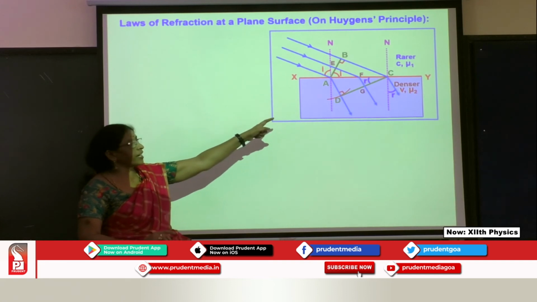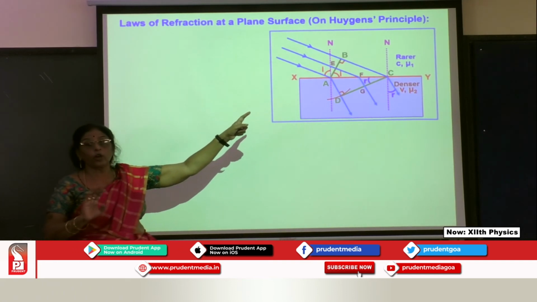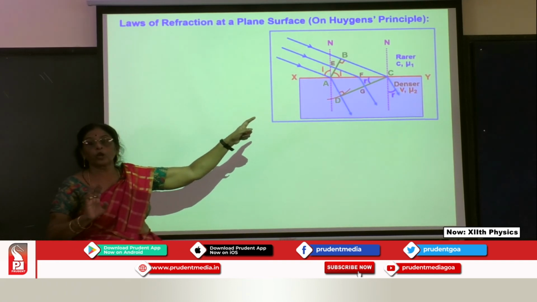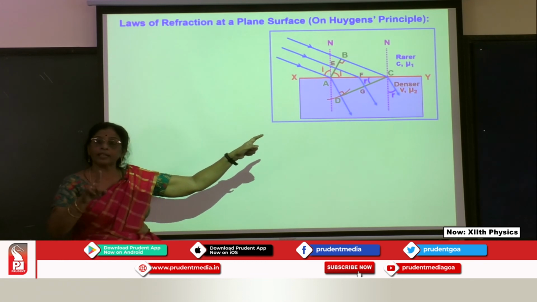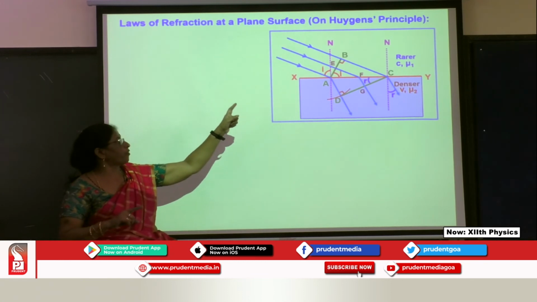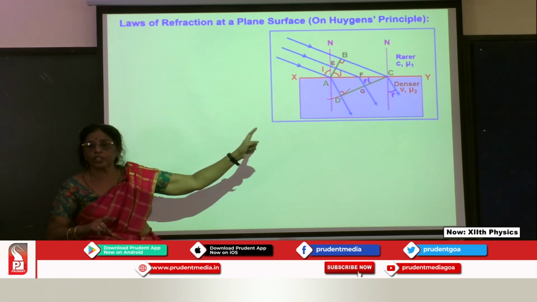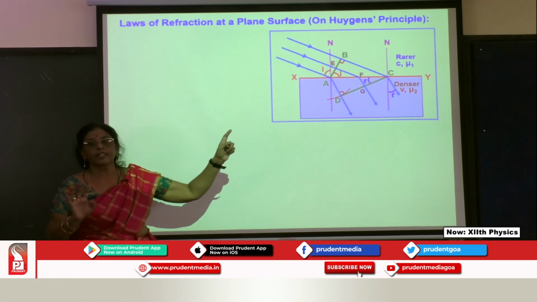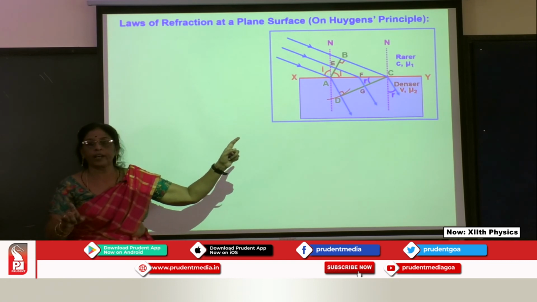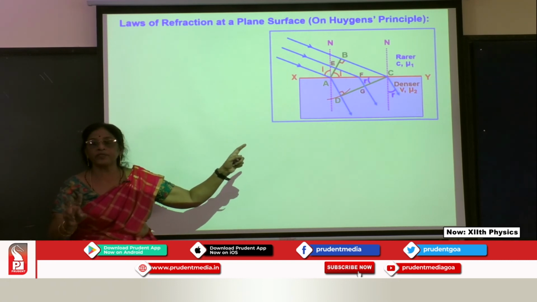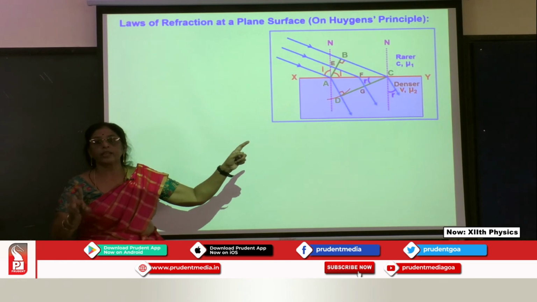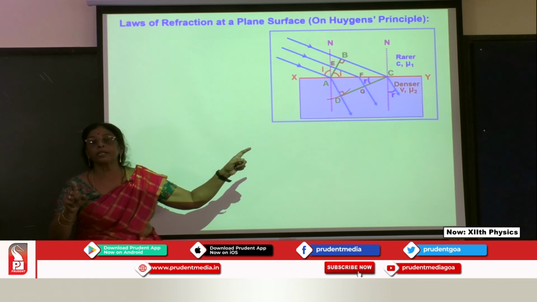But AD and BC will not be of the same length. The time is the same. The time taken for B to reach C and the time taken for A to reach D is the same, but the distance is not the same. Why? Because of two different densities. The velocity of the wave is different for different media.